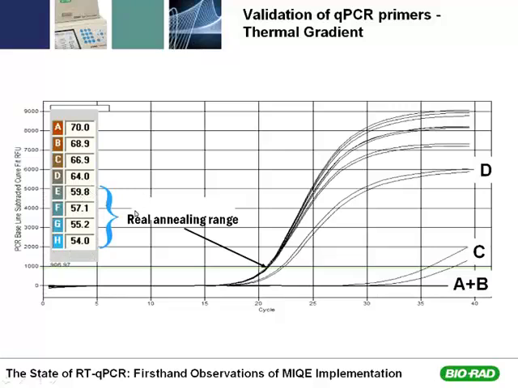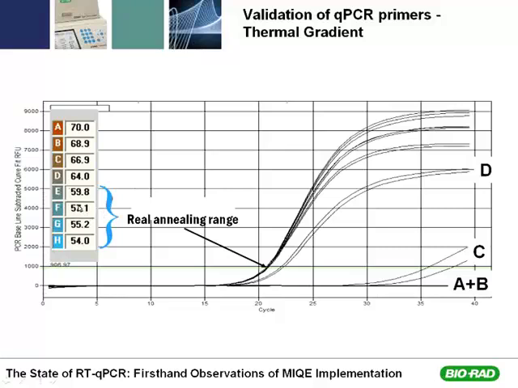Now, if you run these primer pairs and you test, let's say, 6 primer pairs on a given plate in duplicate across 8 temperatures, you're going to end up with different optimal ranges of annealing temperatures, slightly different for each individual primer pair. So what you would do then is you would pick the annealing temperature that's in common with all of the optimal ranges across all the primer pairs, and that would become your experimental annealing temperature.